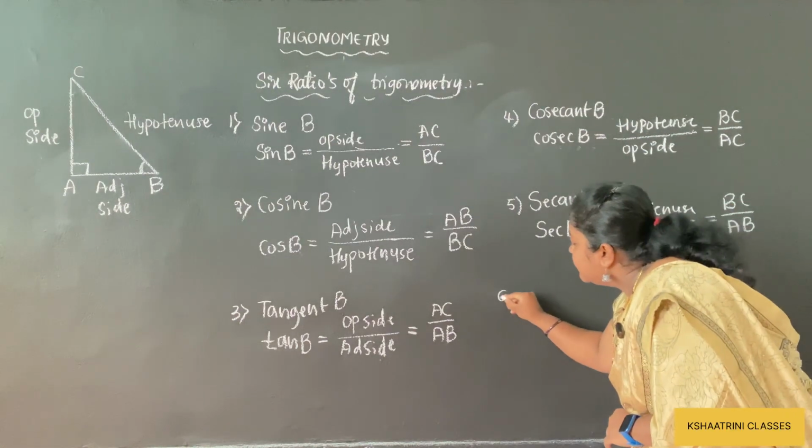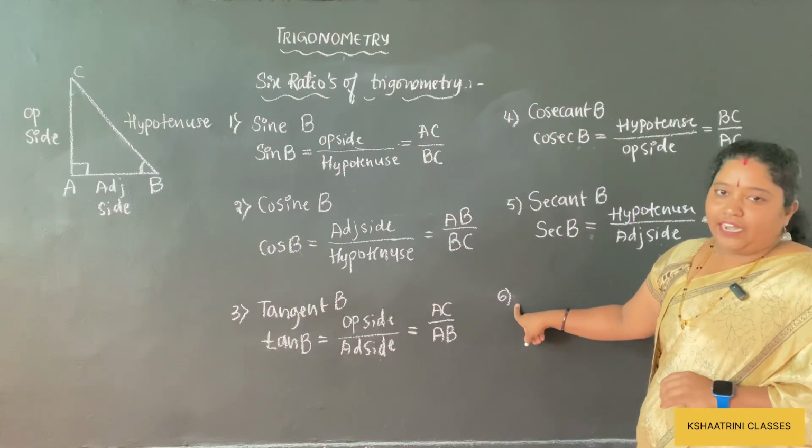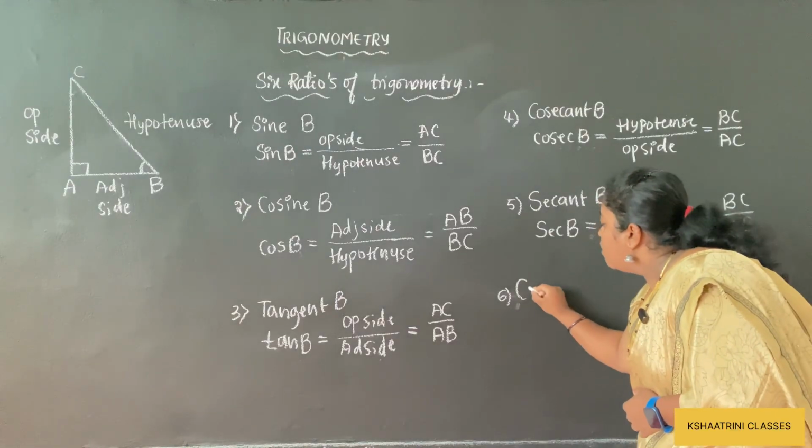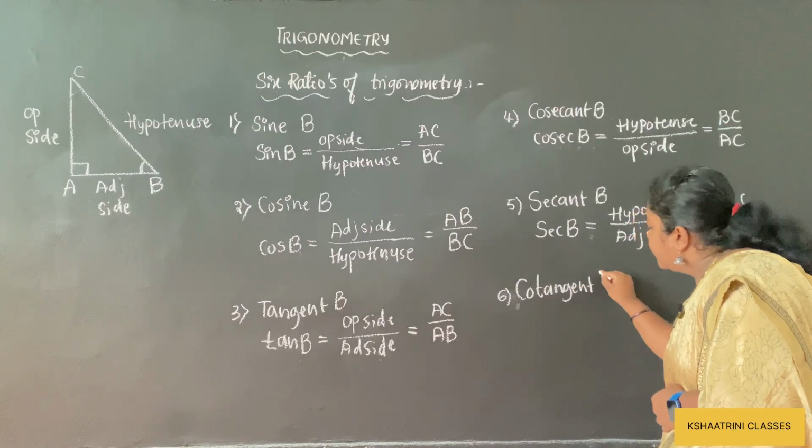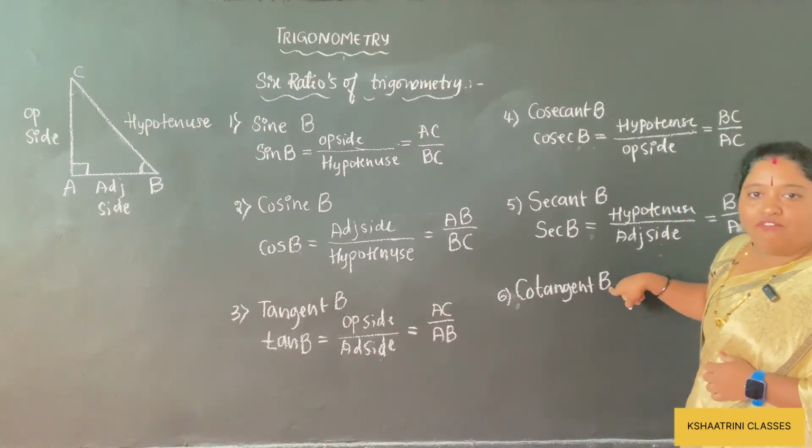And the last trigonometric ratio that we are going to study is cotangent of angle B.